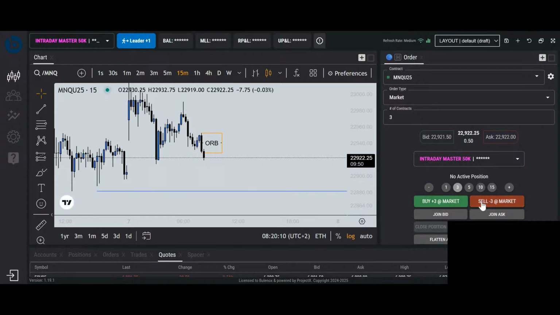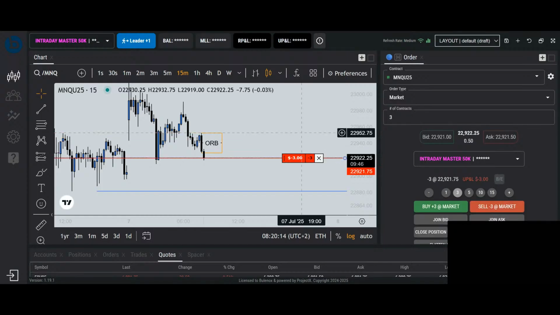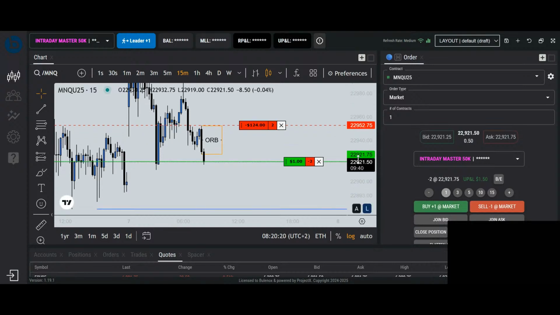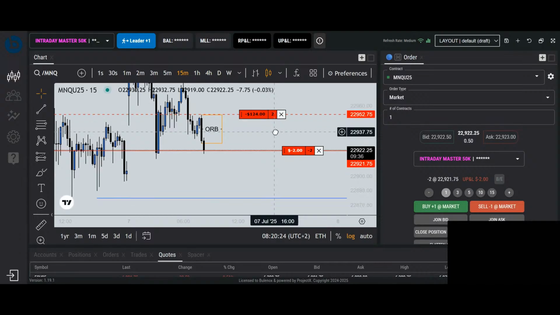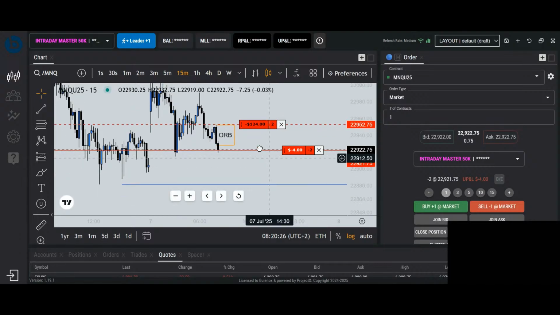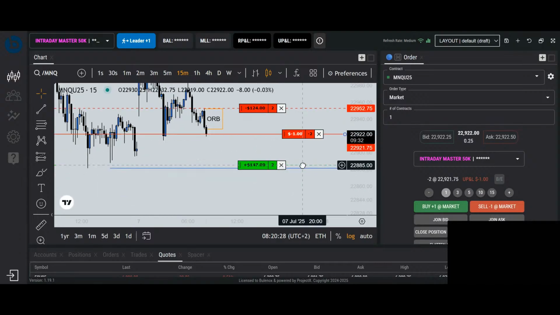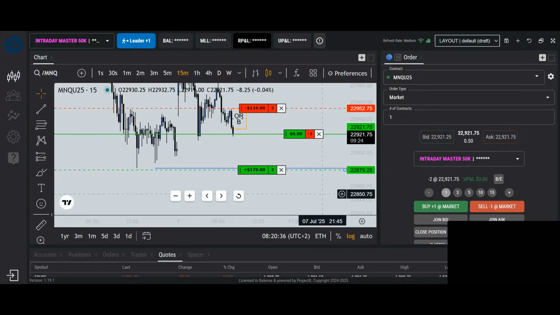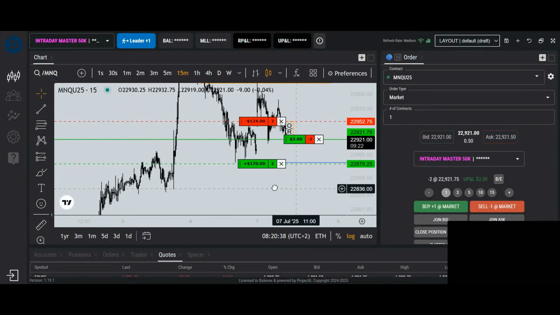Okay, so that was a close. I believe 3 will do. It will be 2. I will decrease 1. First TP would be exactly that daily low.